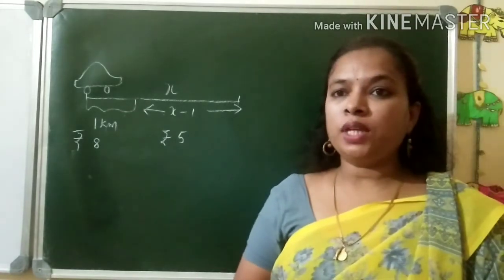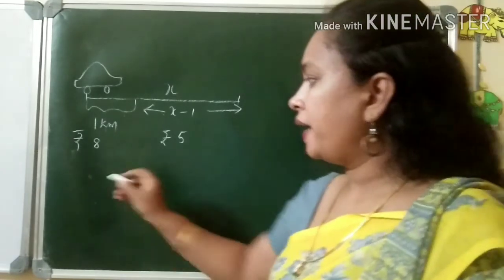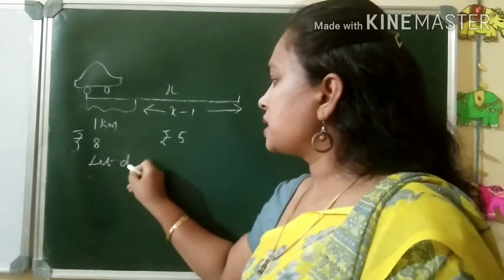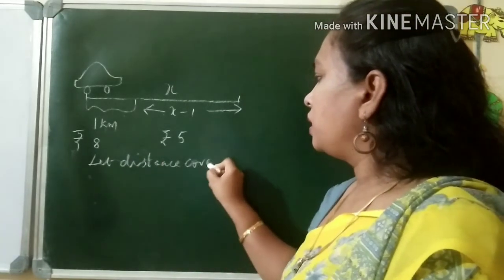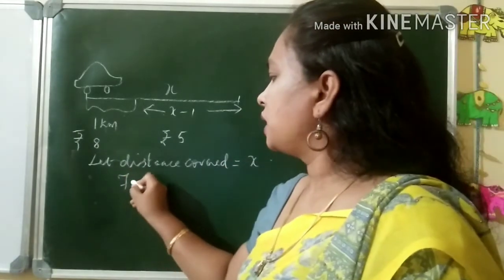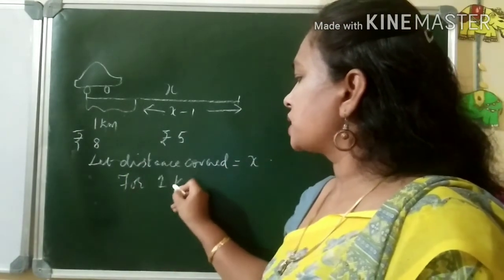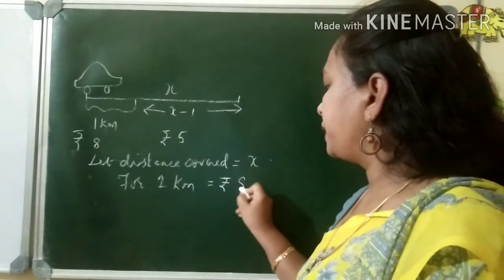First sentence when we read: for the first kilometer the fare is rupees 8. So now we will write, let the distance covered be equal to x. For the first kilometer it is charged rupees 8.